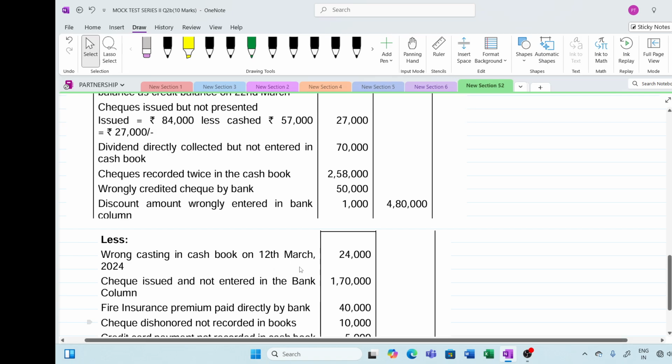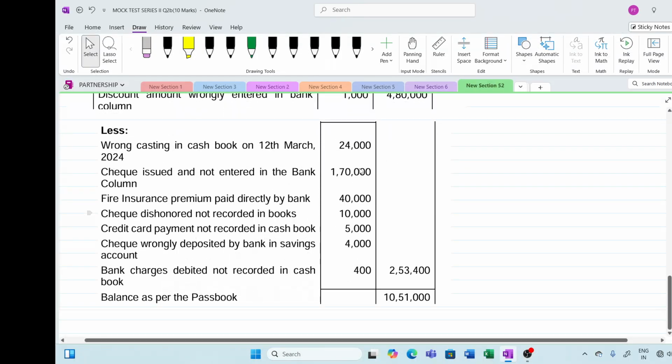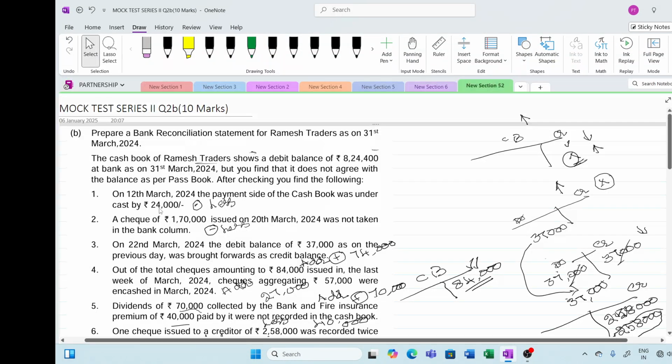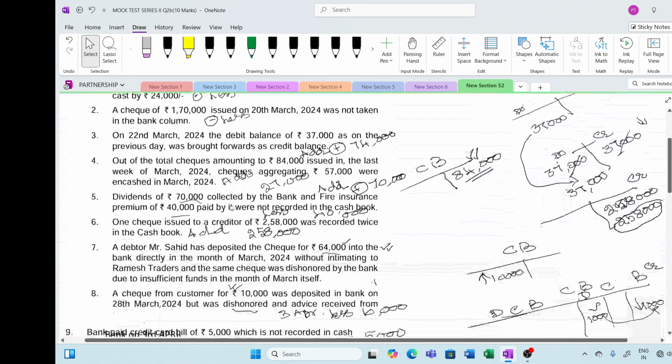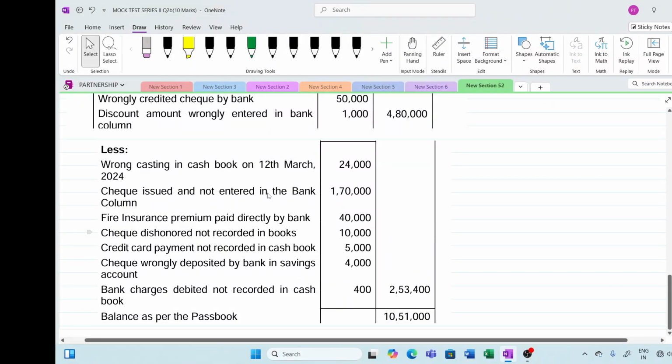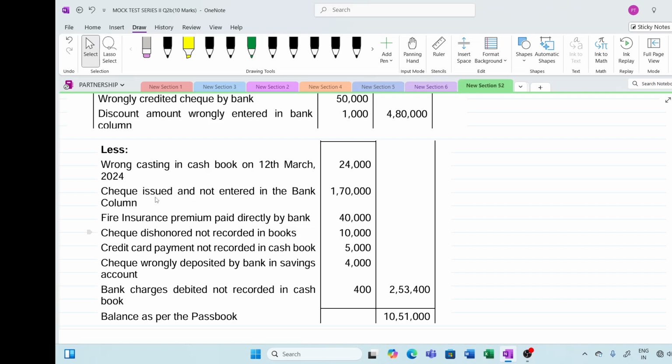Same thing, wrong totaling, 24,000 on the credit side. See, first one is that one only. So we were totaling 24,000 less. I have put it on the less column. Then the check issued not entered in the bank column. We have issued the check but not written it. So in the cash book the balance will be more. But in the bank, the check has gone and made payment of 1,70,000.